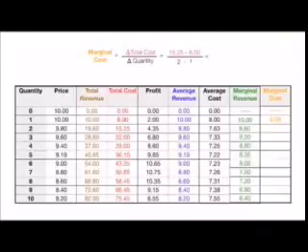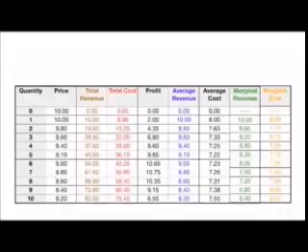And this is equal to 7.25 divided by 1, which gives me a marginal cost of 7.25. I'll just fill in the rest of the values there. And this is what the completed table looks like. It's not hard calculations, just tedious.